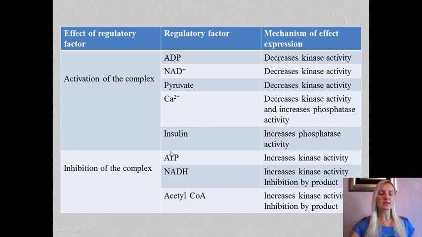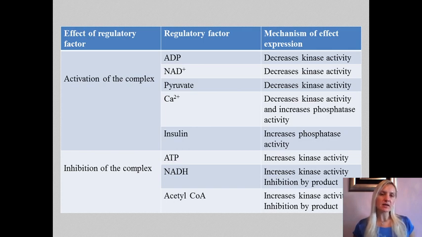Inhibition of the complex is achieved by ATP, NADH, and acetyl coenzyme A, which all increase kinase activity, and the last two inhibit the action of these enzymes directly by the mechanism of feedback inhibition. So more or less that would be all regarding this pathway, oxidative decarboxylation of pyruvate.